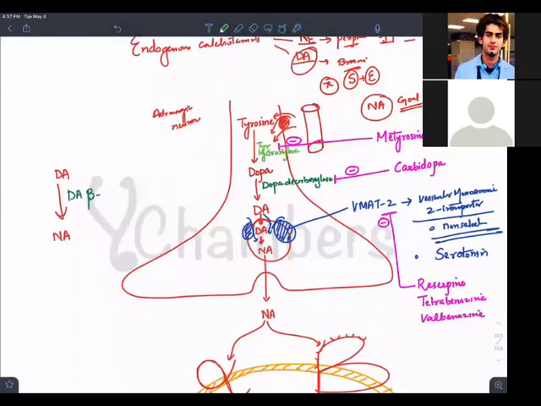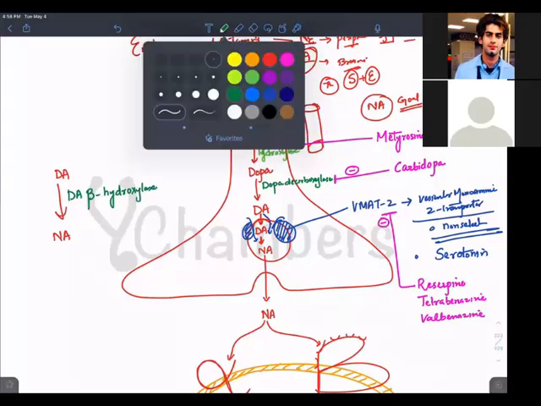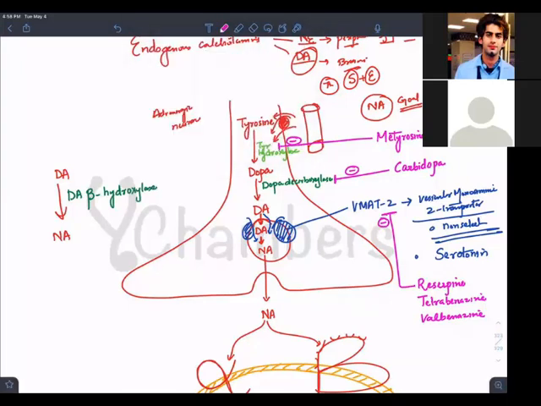I'm integrating biochemistry here also. Can you tell me a drug which is inhibiting this? Disulfiram. Disulfiram inhibits this. Is it clear, friends? Okay.